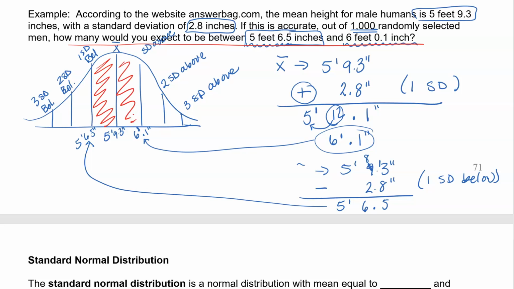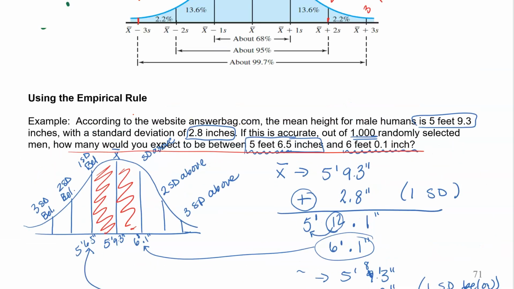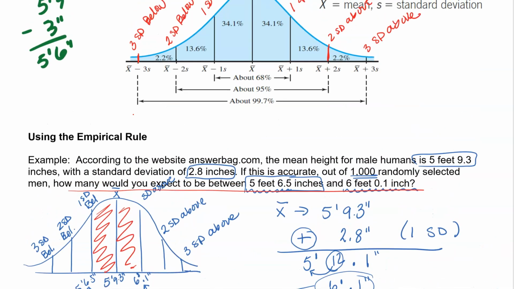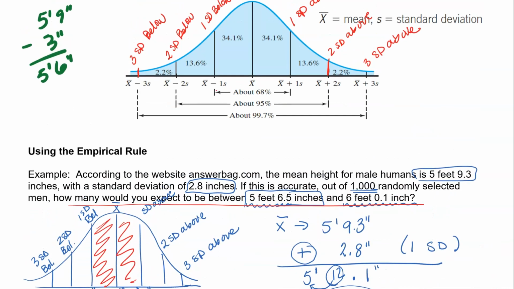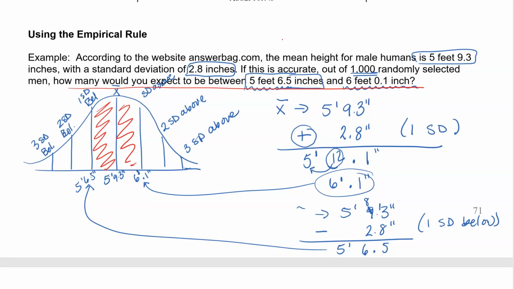And if we scroll above here, the empirical rule says that about 68% of values lie between 1 standard deviation below and 1 standard deviation above. You could also do it by adding 34.1 and 34.1, you get about 68. So the answer here is going to be about 68%.